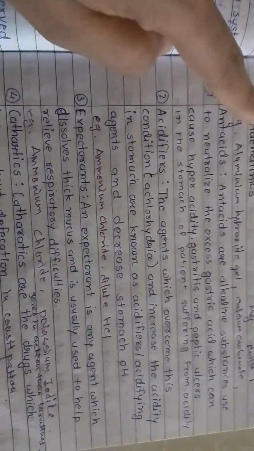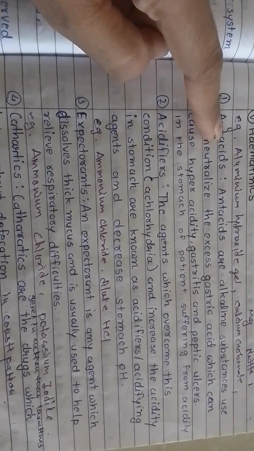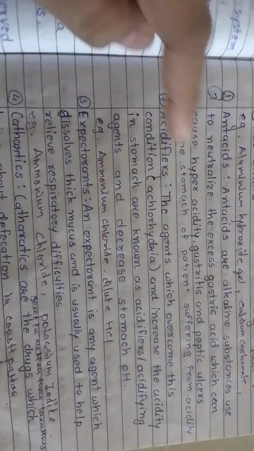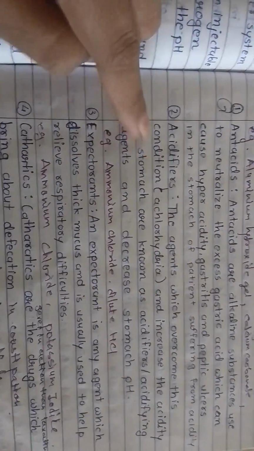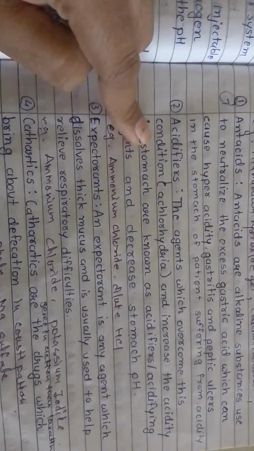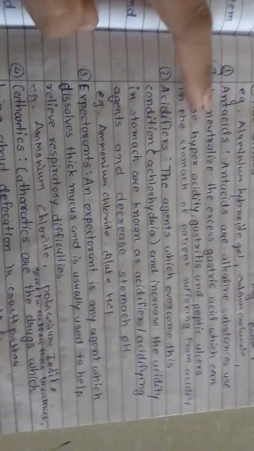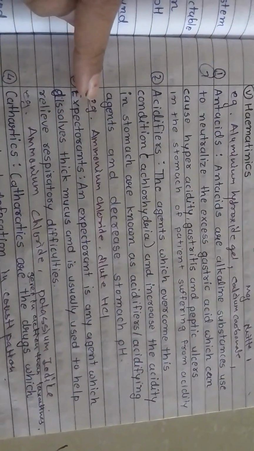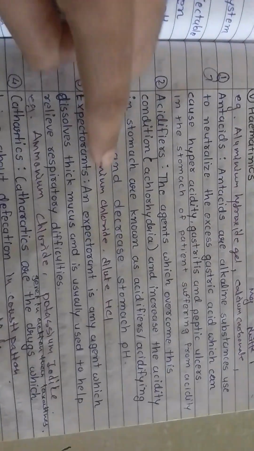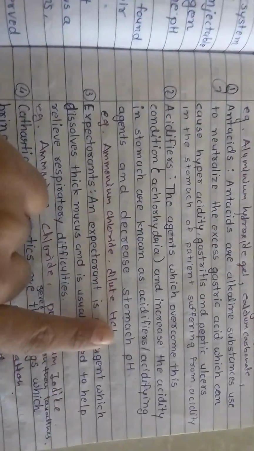This is just opposite to antacid. Antacids reduce acidity and acidifiers are used to increase acidity or acid secretion in stomach. The example of antacids was aluminum hydroxide, and here the examples of acidifiers are ammonium chloride and dilute HCl.